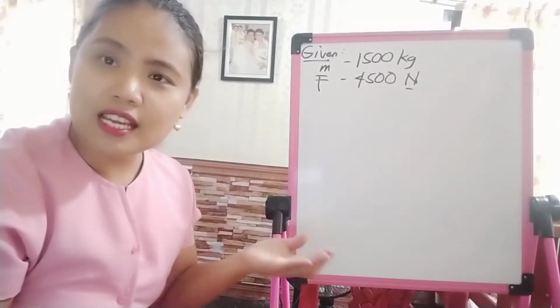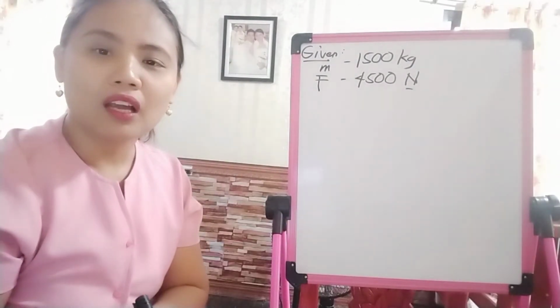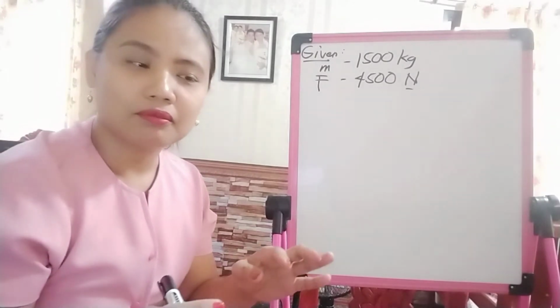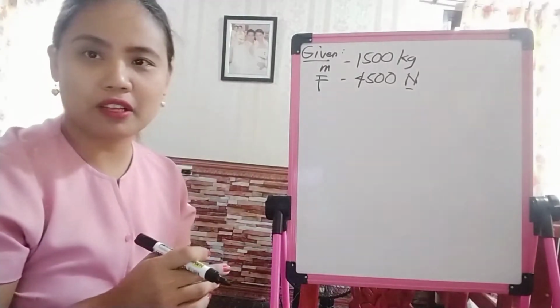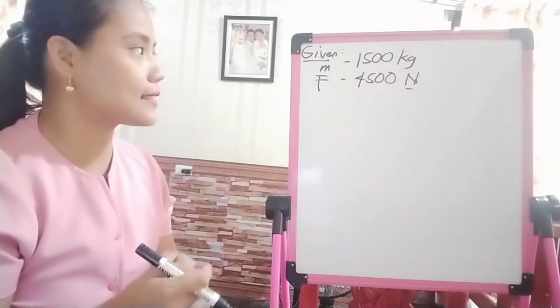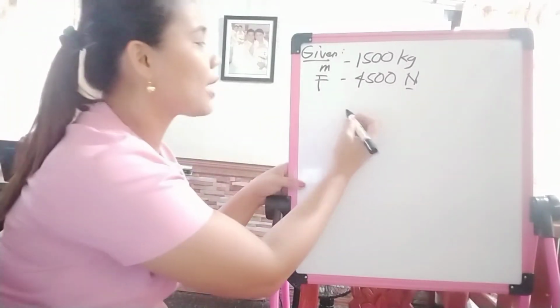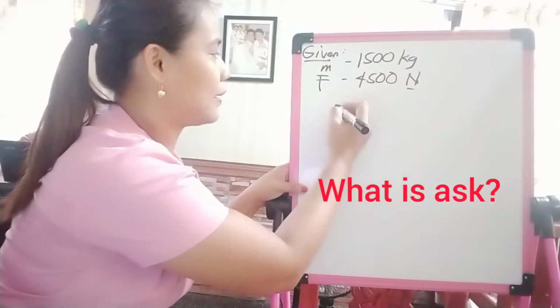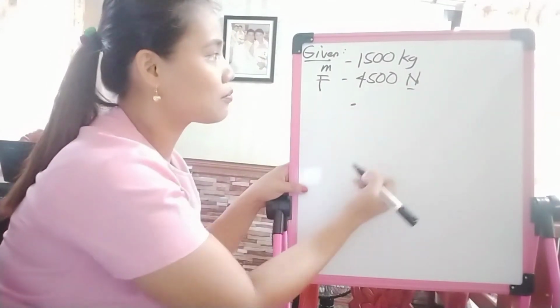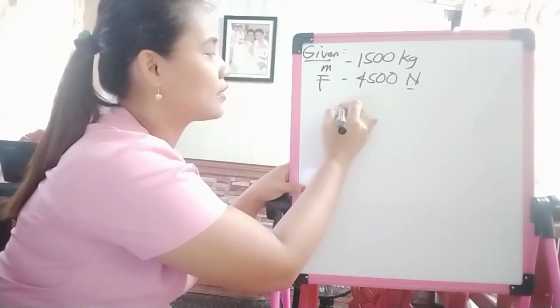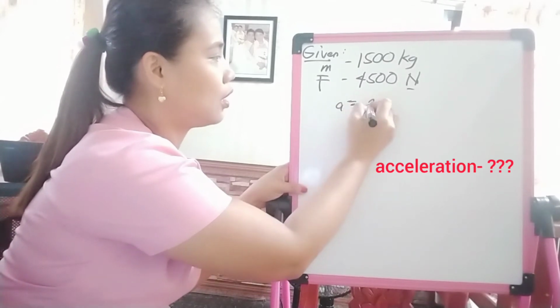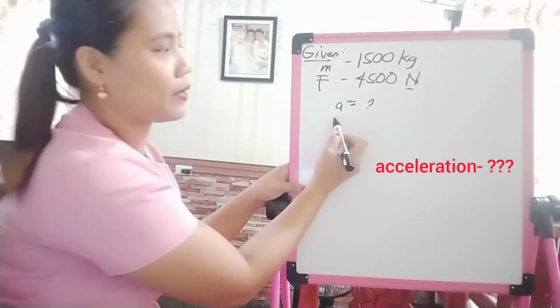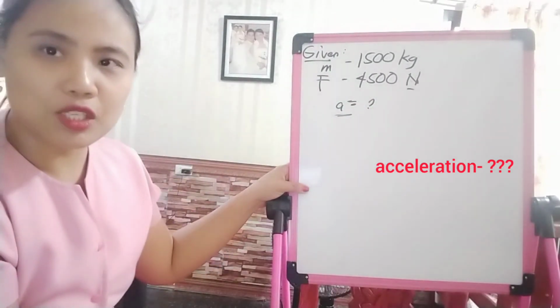Now, the next thing that you have to consider in solving problems just like this is you have to determine what is asked. In this problem, we have to solve for the acceleration of the object. So we are looking for acceleration.